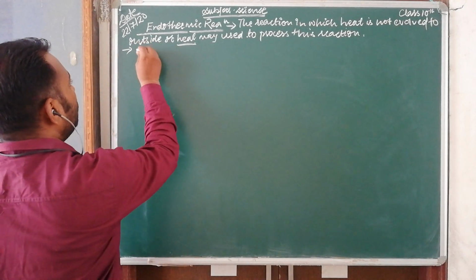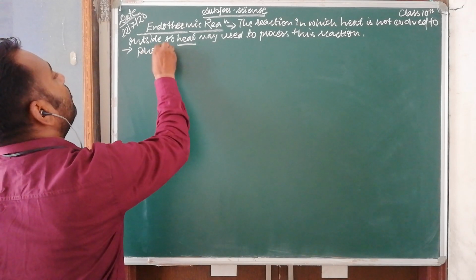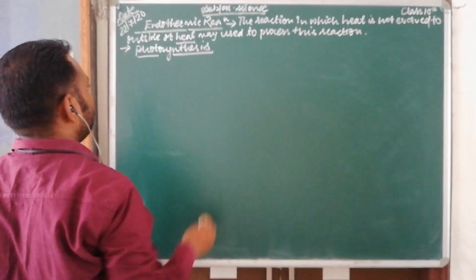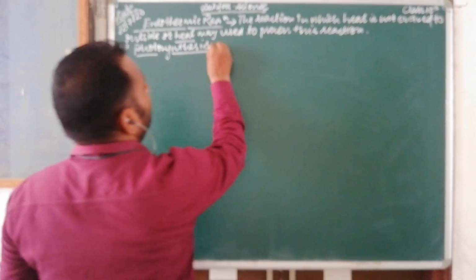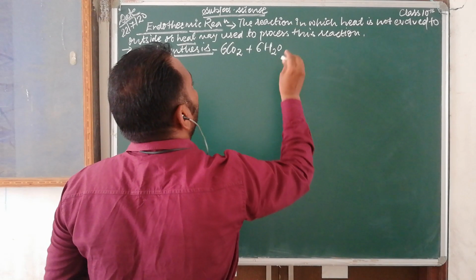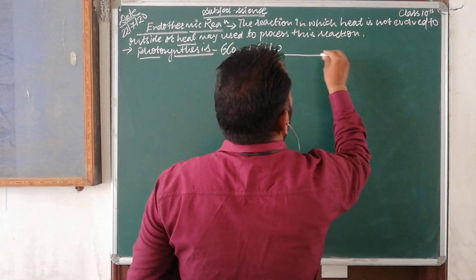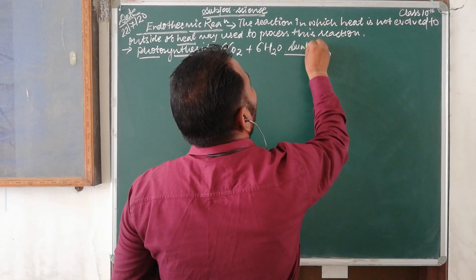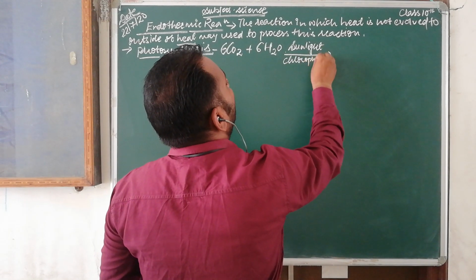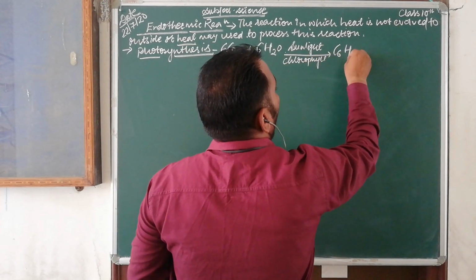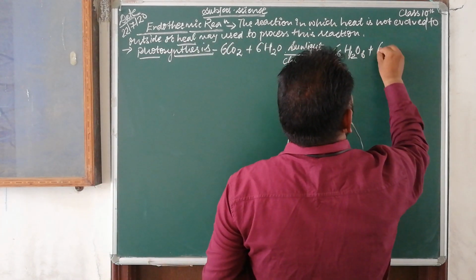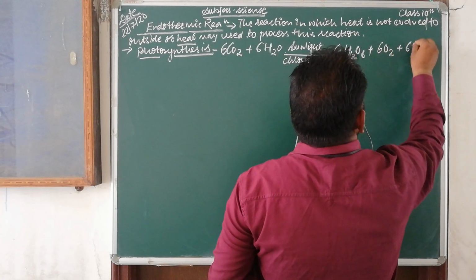Our photosynthesis reaction is the example for this: 6 CO2 plus 6 H2O, with sunlight and chlorophyll, gives C6H12O6 plus 6O2 plus 6H2O.